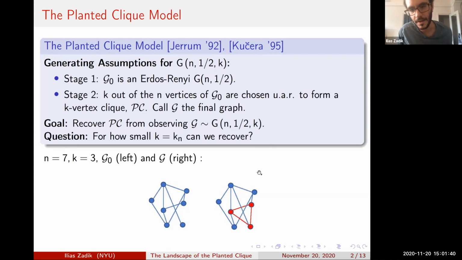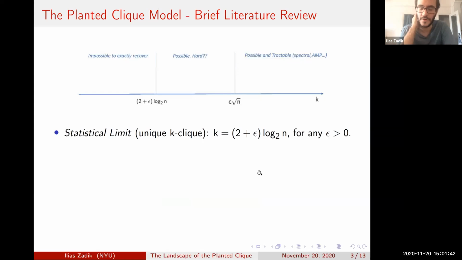And okay, I'm not the first one asking this problem. Also, it's an easy problem the way I stated it. So if you put an axis here for the k, there is an interesting phenomenon arising. If I just ask you to find the minimum k so that I can recover this clique, then there is an easy phase transition happening exactly at 2 log base 2 of n.